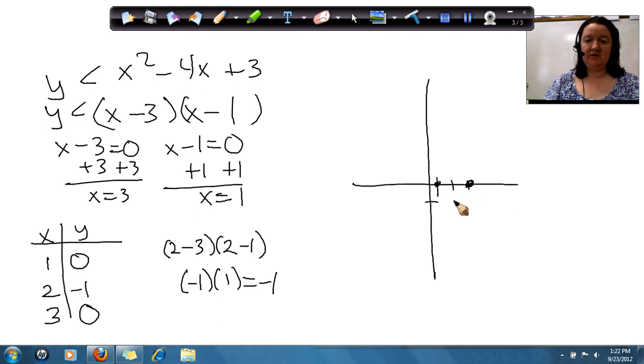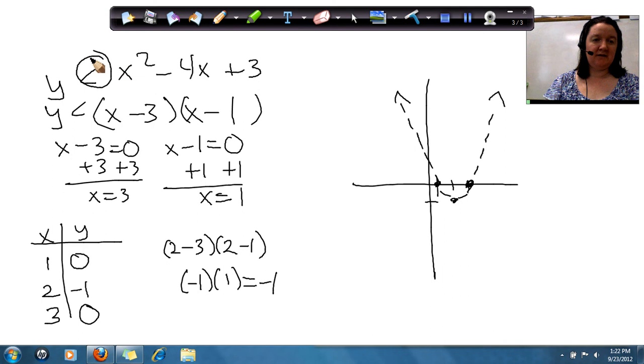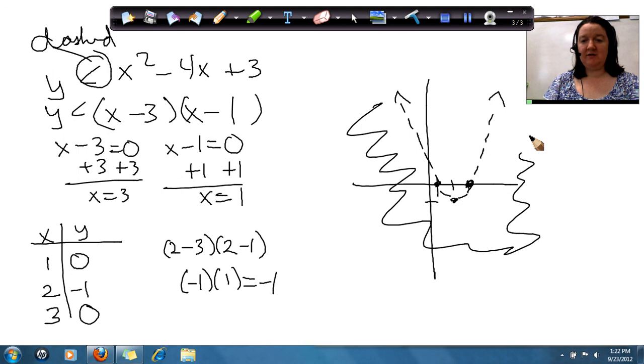It's not equal, so it has a dashed line. And if we look at that, there's only one option that actually opens up with a dashed line, so we know it's going to be the one that's shaded outside, which is B.